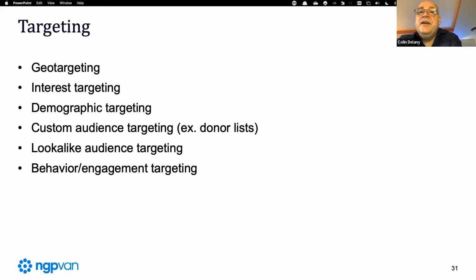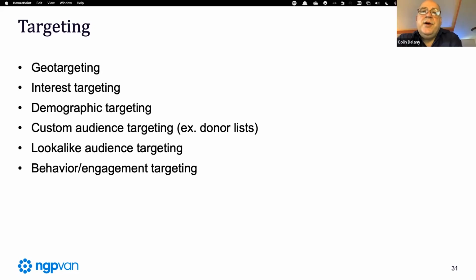I would note that that kind of targeting would be a lot harder now, because Facebook has gotten rid of a lot of the interests that we used to target to reach people of particular political persuasions. However, there are still other interests that one can use, and I would just encourage you to explore interest targeting and see what options are available in your field. Like I said, it's a lot harder than it used to be. Demographic targeting, again, for fairly obvious reasons.